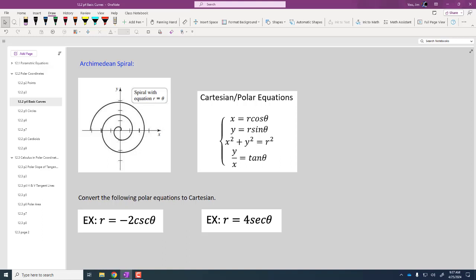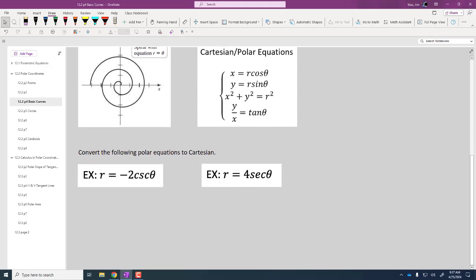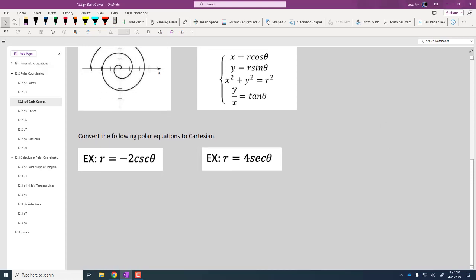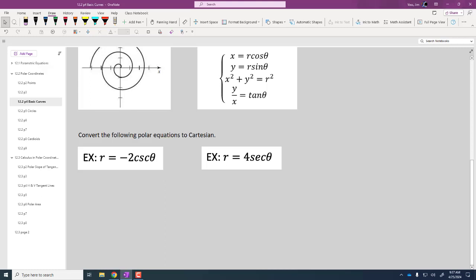And again, those are our 4 equations. Those are the equations that allow us to go back and forth between these two perspectives, the Cartesian perspective and the polar perspective. Most of the time, when we write a polar equation, we think of r as the dependent variable, and we think of theta as the independent variable. And so we will write r as a function of theta.